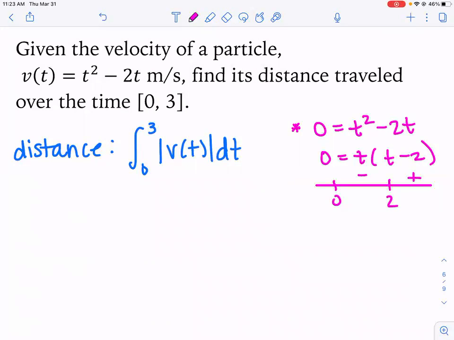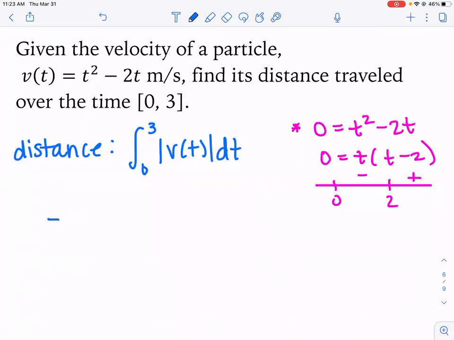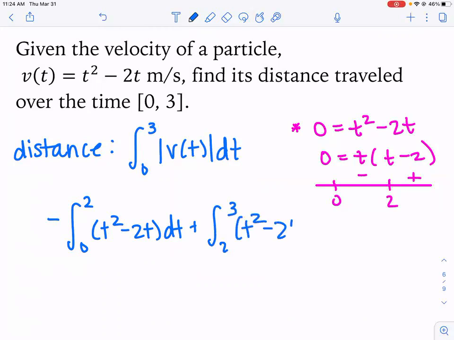So we're going to find our distance by taking negative the integral from 0 to 2 of t squared minus 2t, plus the integral from 2 to 3 of t squared minus 2t. Since our velocity is negative from 0 to 2, I took that integral and made it negative, because two negatives make a positive.